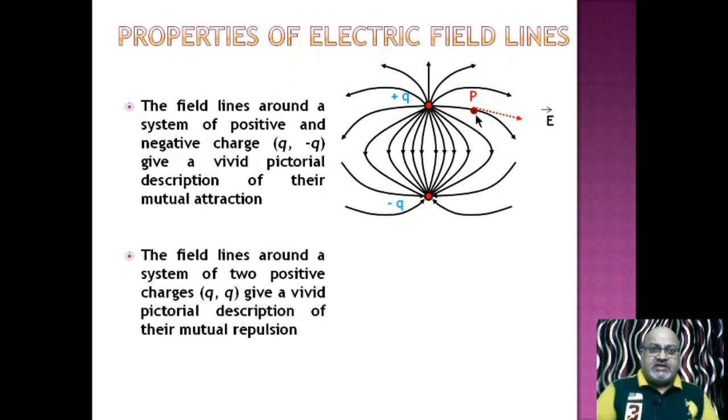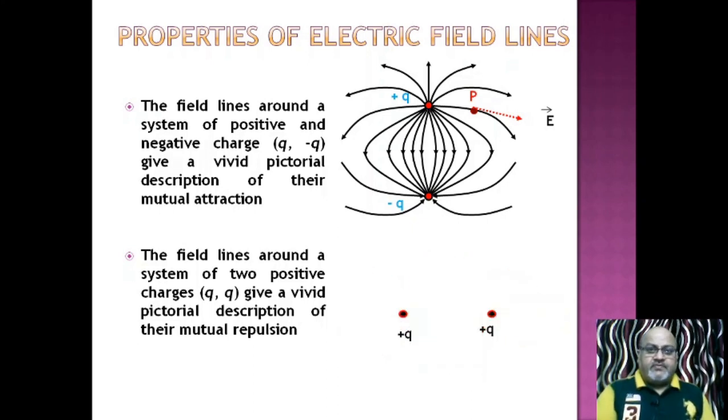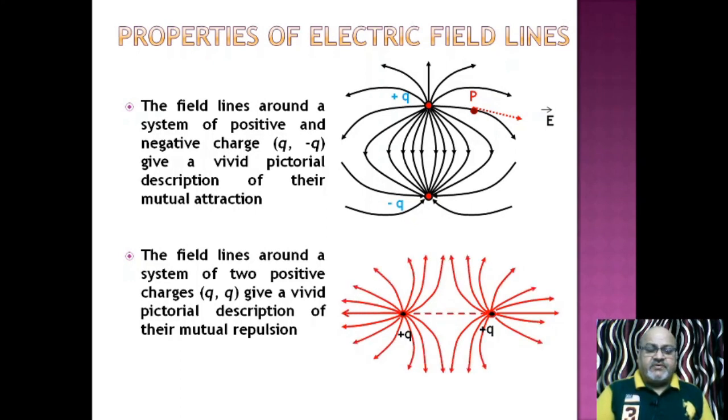Now take another case when two equal positive charges, equal in magnitude and equal in polarity, are placed like this. Once again see, this is the pattern of electric field lines. The direction along which a positive test charge moves becomes the electric field line.